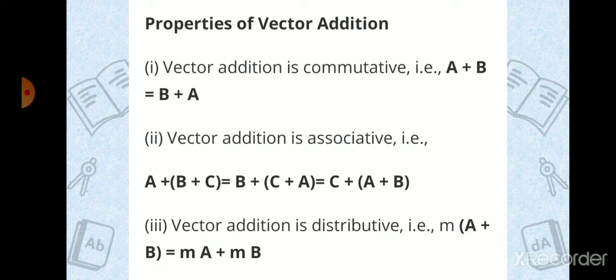That is, vector A plus vector B plus vector C is equal to vector B plus vector C plus vector A, which is equal to vector C plus vector A plus vector B. Also, vector addition is distributive. That is, m into vector A plus vector B is equivalent to m into vector A plus m into vector B.